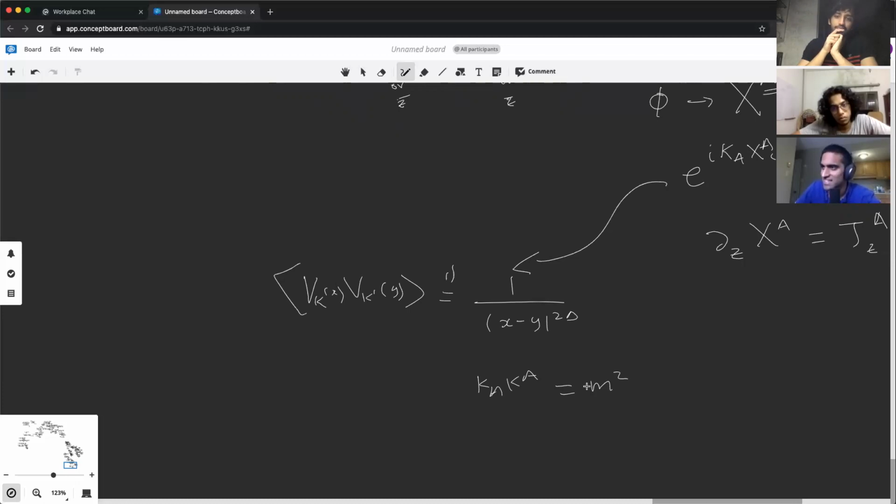In other words, these act like momenta in the target space. And the requirement that you get, so essentially the spectrum of these 2-point functions gives me the string spectrum in the target space, the excitations.